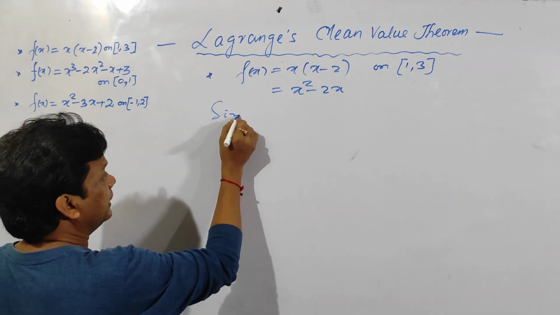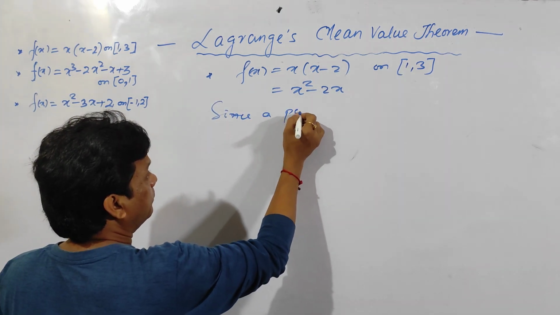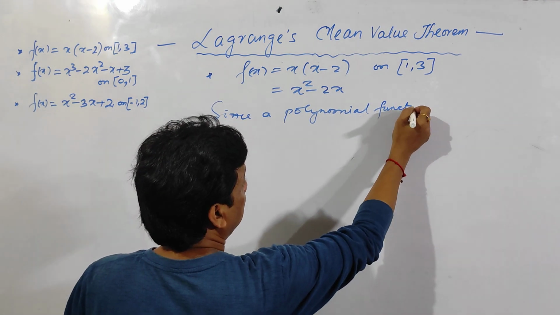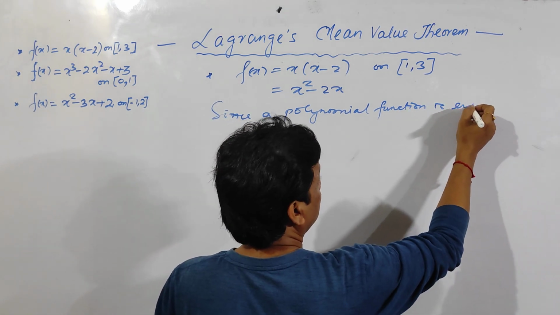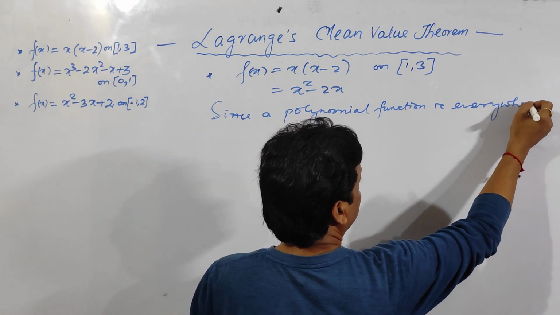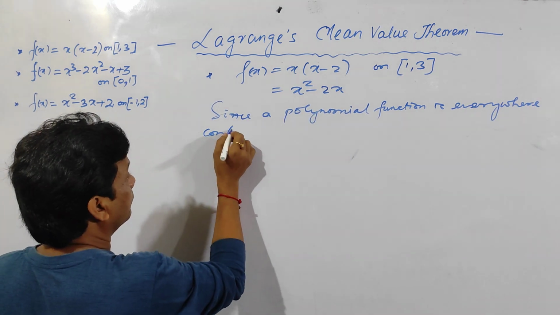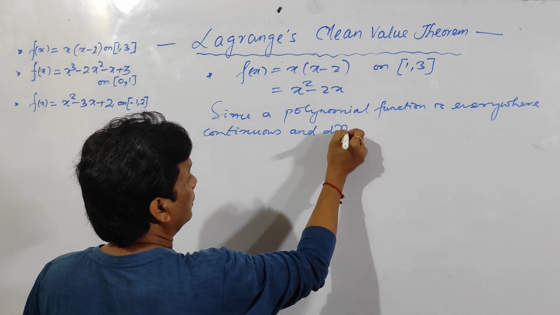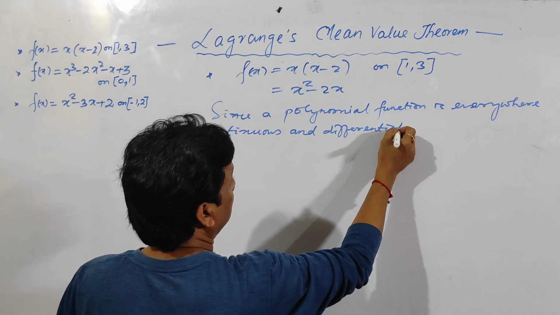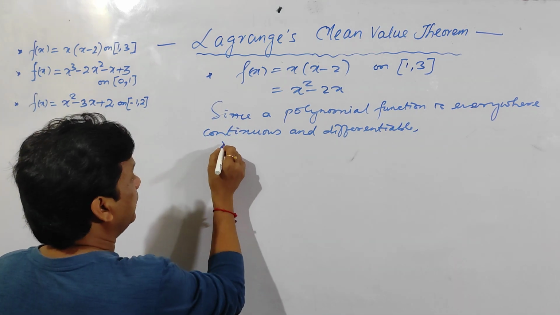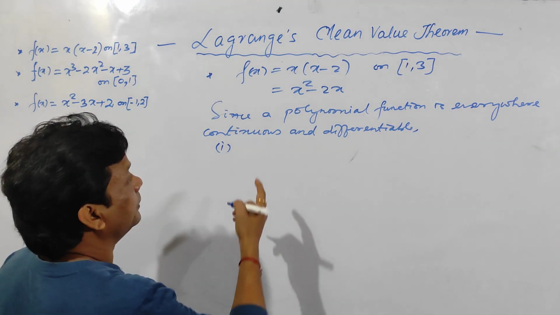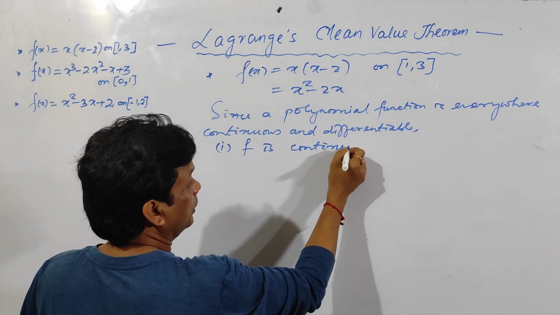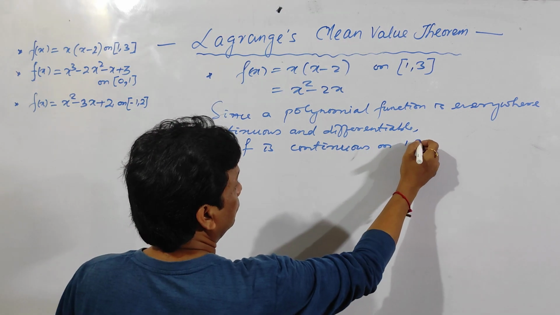Same process, since a polynomial function is everywhere continuous and differentiable. So in part 1, f is continuous on closed interval 1, 3.